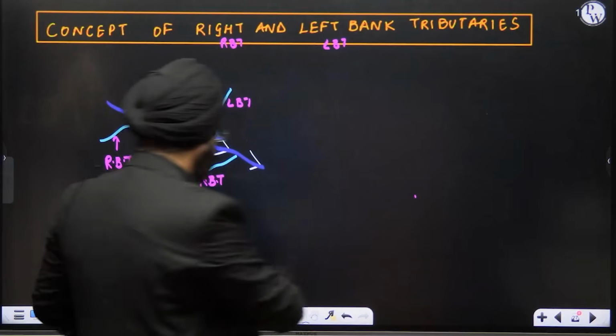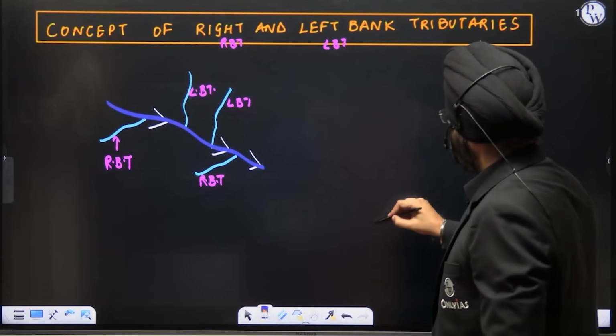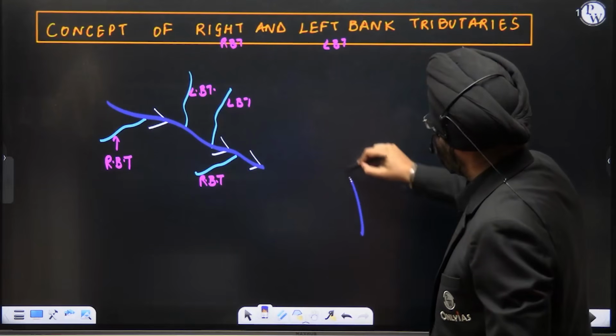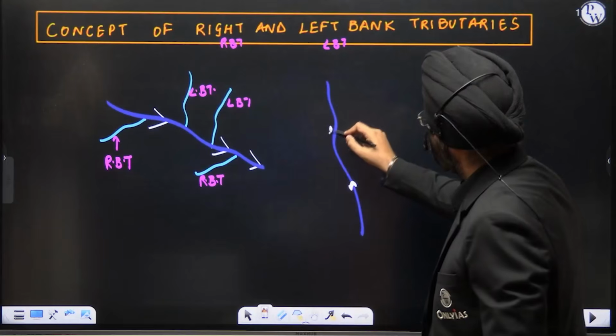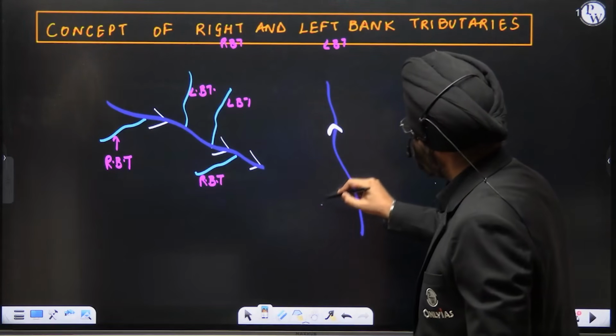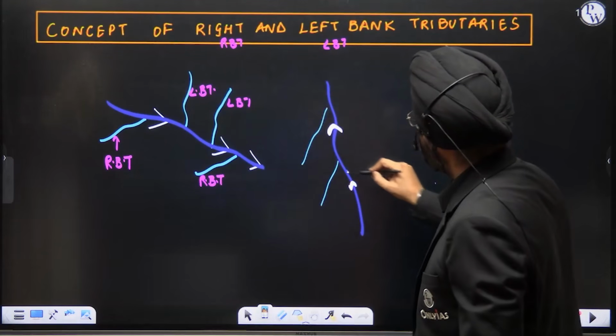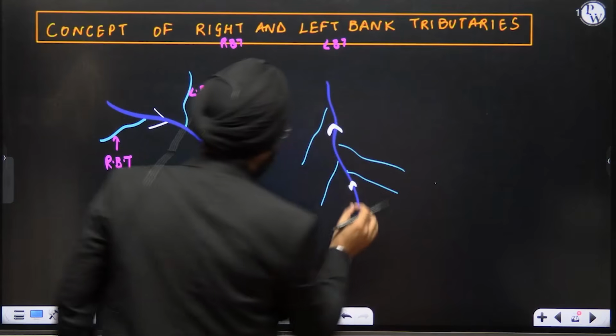Now let us change the situation. If I say this is the direction of the river, let me mark it like this. Clear? Now, supposing certain rivers are joining like this. Can I say that this is the direction of flow?